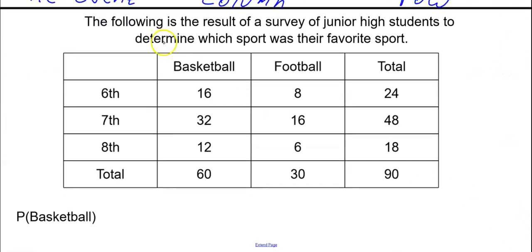So let's actually try one. The following is the result of a survey of junior high students to determine which sport is their favorite. Always know what we're talking about. So what's the probability that somebody picked basketball as their favorite? Notice it only says one event, basketball. So this is going to be the number of people who like basketball over the total number.